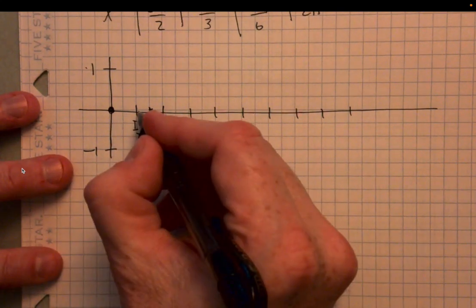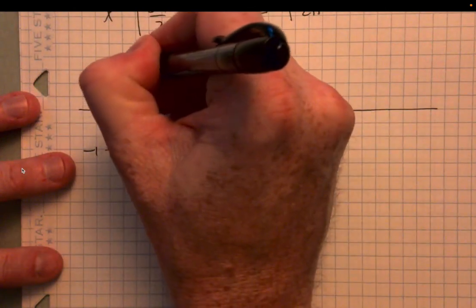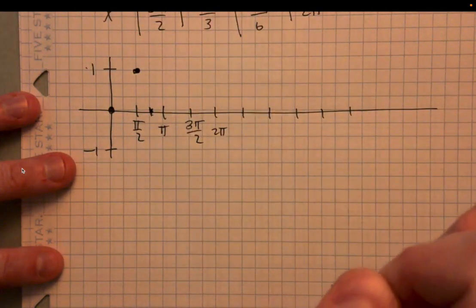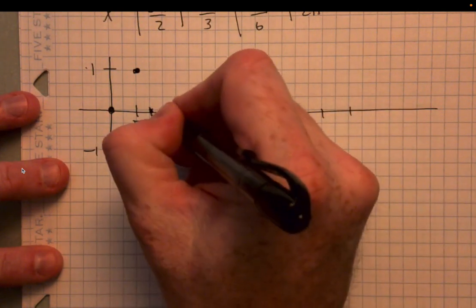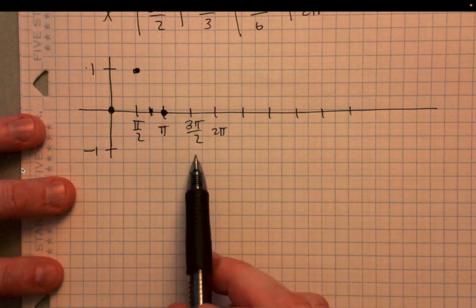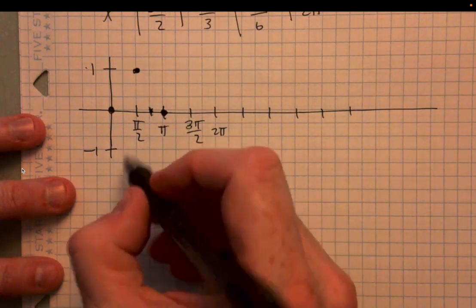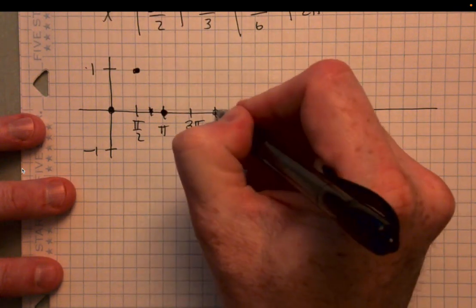When x is equal to pi over 2, the sine function is equal to 1. Then when x is equal to pi, the sine of x is equal to 0 again. And when x is equal to 3 pi over 2, the sine function is equal to negative 1. And then at 2 pi, it's back to 0.